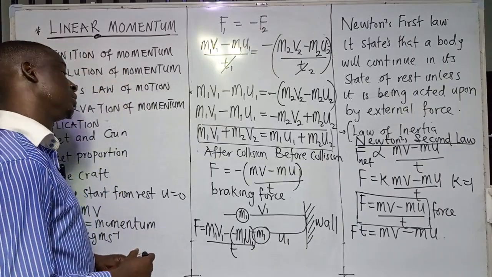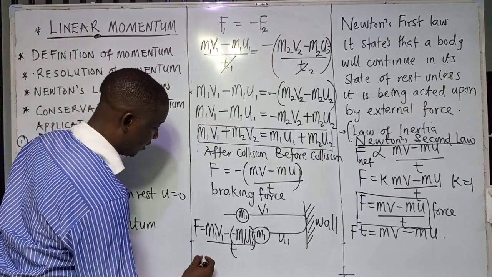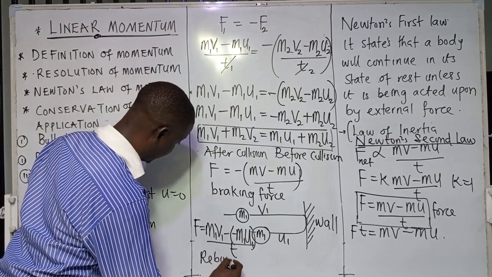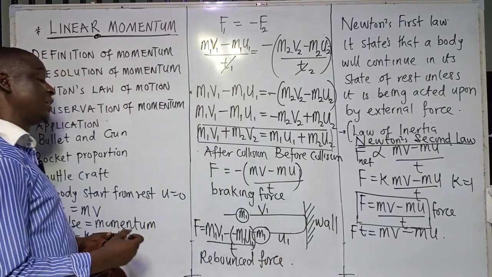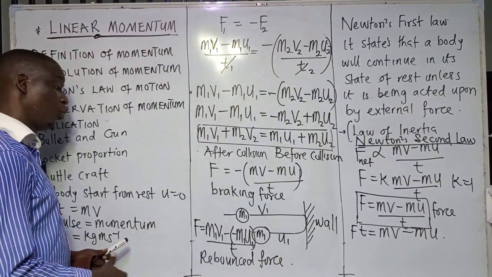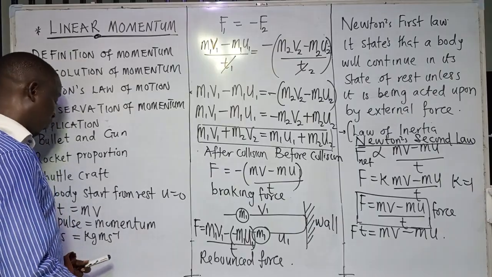That will now be my rebound velocity. This is the rebound force, the force that the body will use to rebound. So minus and minus is plus.